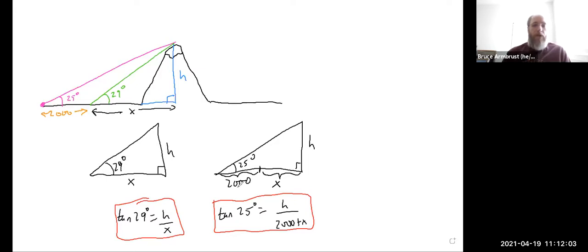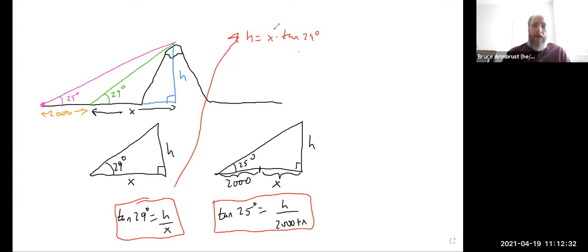So what we can do is solve for one and substitute it into the other. For example, I'm going to take this first equation and solve it for h. So I got h equals x times the tangent of 29 degrees, just multiplying both sides by x.